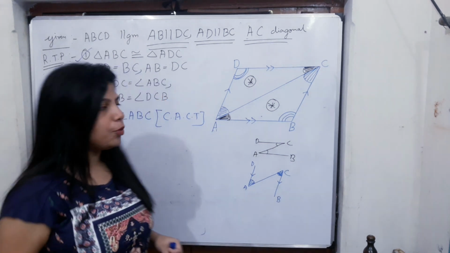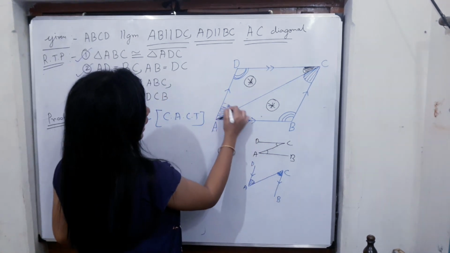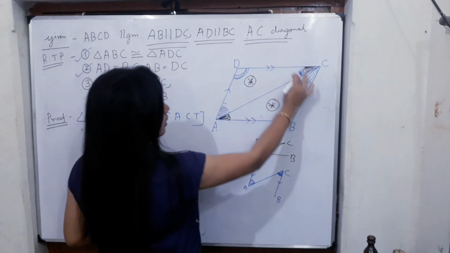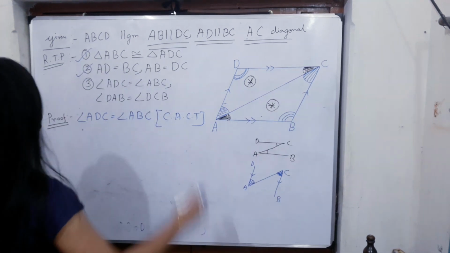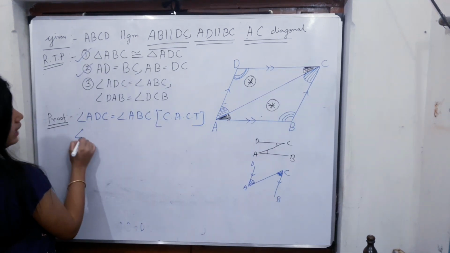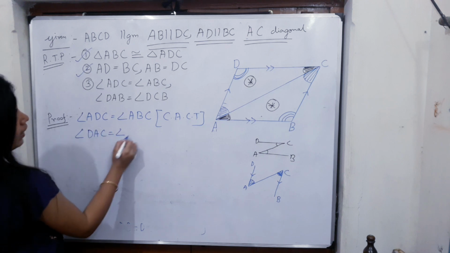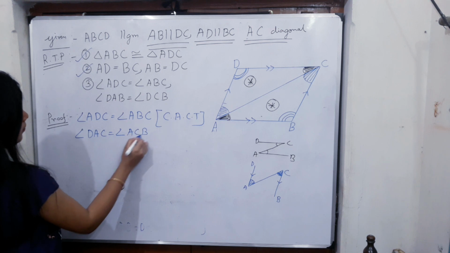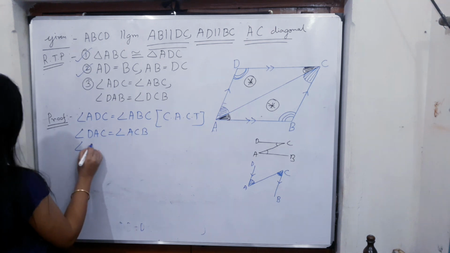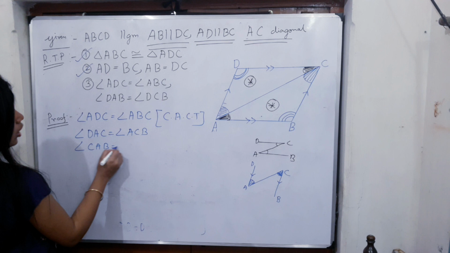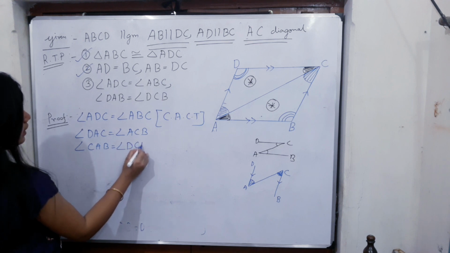I also have to prove that whole angle A equals angle C. Now how will I prove? Already I have done here that angle DAC equals angle ACB and angle CAB equals angle DCA.